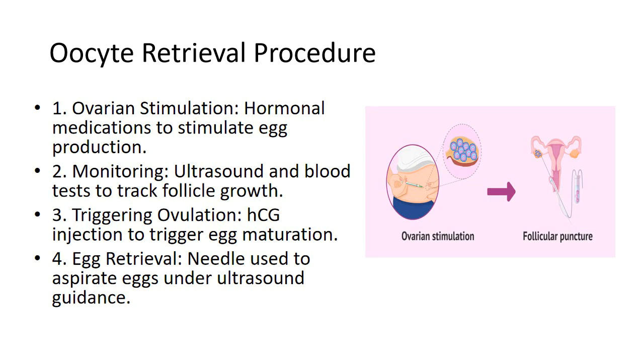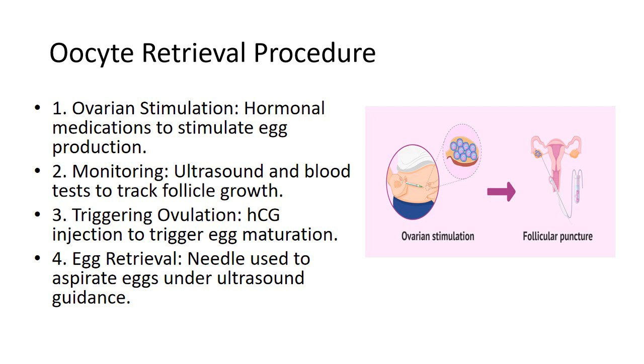2. Ovarian stimulation, controlled ovarian hyperstimulation, COH. Goal: stimulate the ovaries to produce multiple mature eggs in a single cycle.